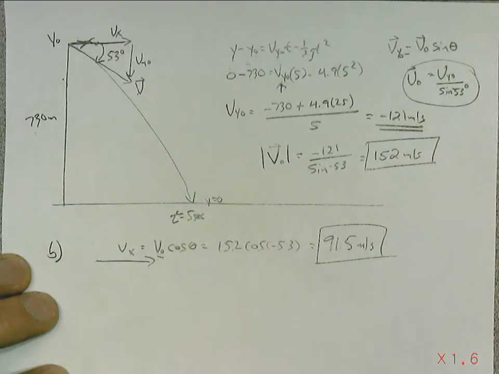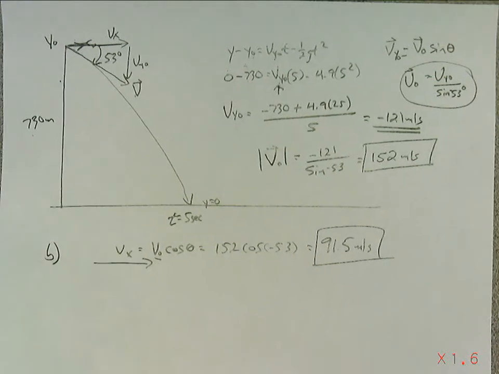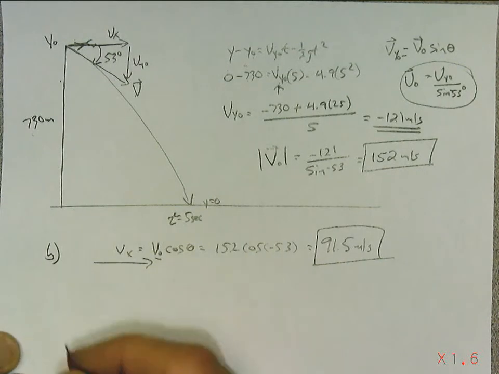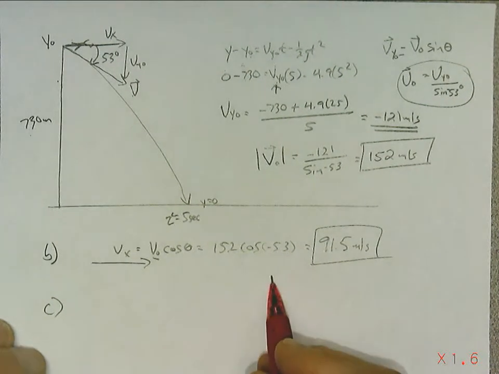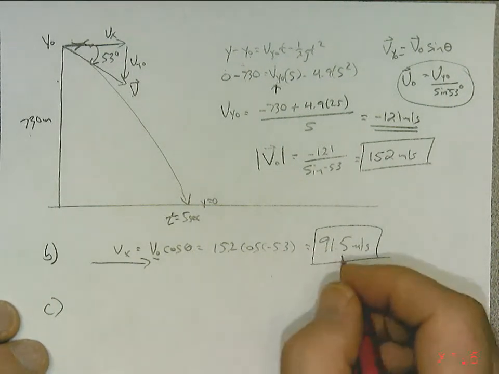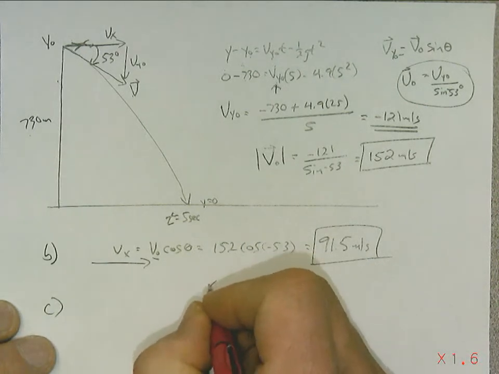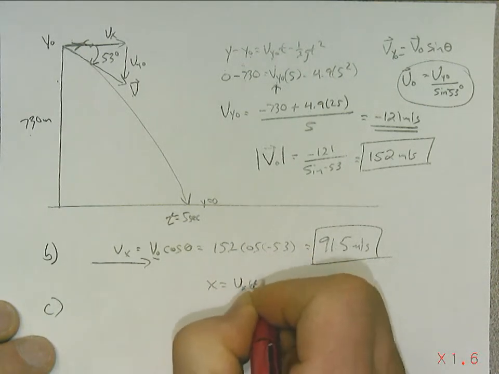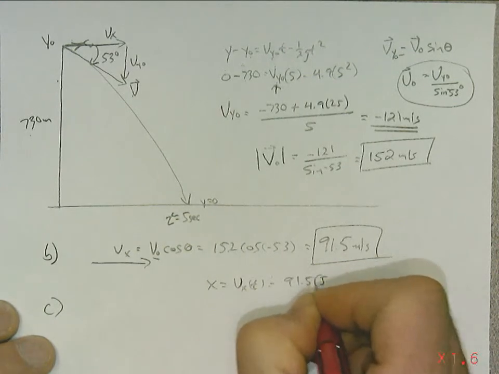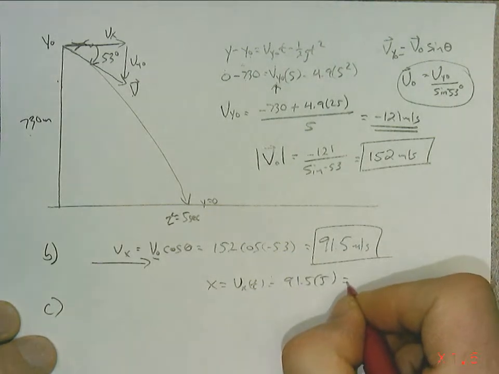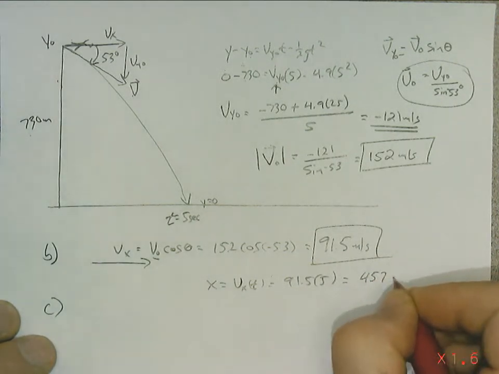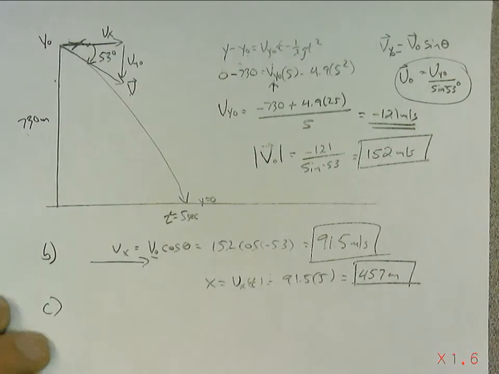Keeping in mind that discrepancies between what I have here and what's on my worksheet answers may just be the difference between using g equal to 10 or 9.8, and I don't care which one you use. So I'm using 9.8 right now. Whoops, that's not the final thing. How far did it go? Sorry, that's its speed. x is equal to Vx times t, so that's 91.5 times 5, which is equal to 457 meters. There's the answer we're looking for.